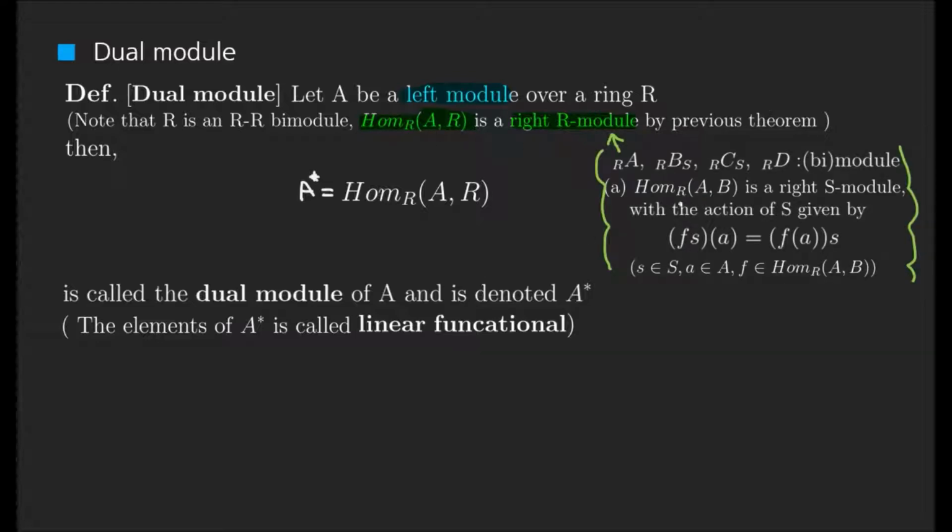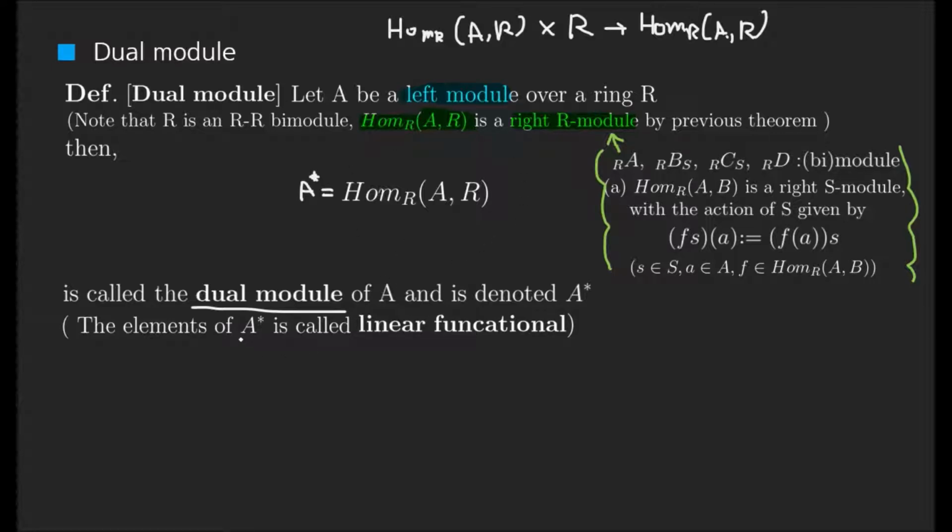Understand this theorem. Previously, we defined this statement. So we can understand that at this moment Hom_R(A, R) is a right R module, R goes to Hom_R(A, R). This is a right R module, and this is called the dual module of A and is denoted A star.